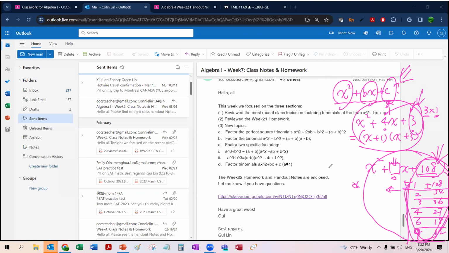All right. So another part is we know the perfect square. If you can find that this C number is a perfect square, something like, say, x squared plus 10x plus 25.